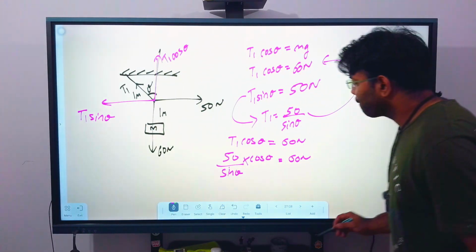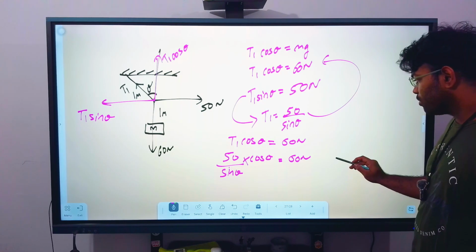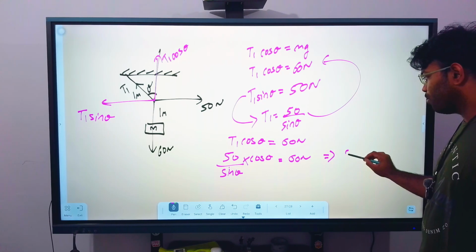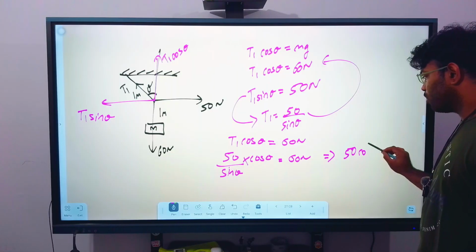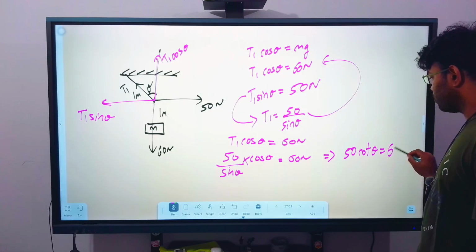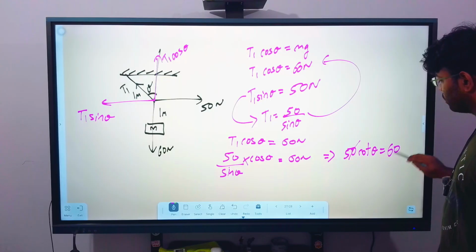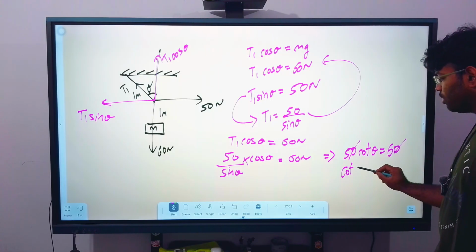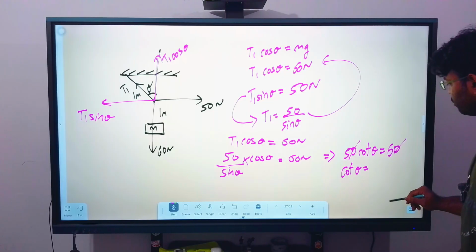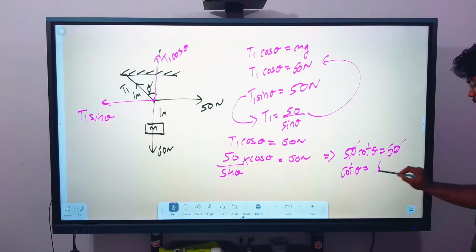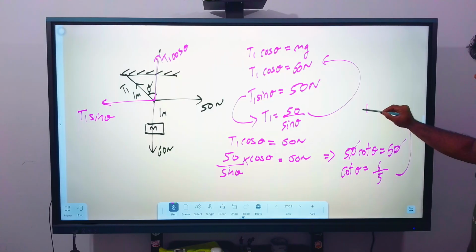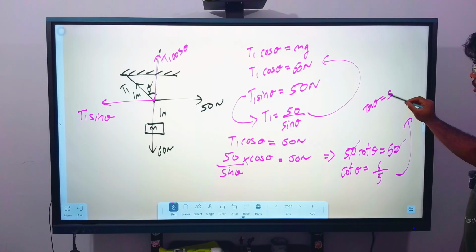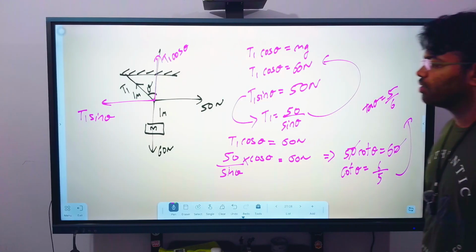So 50 cot theta is equal to 60. This and this get cancelled. Cot theta is equal to 6 upon 5. So I can write this as tan theta is equal to 5 upon 6.